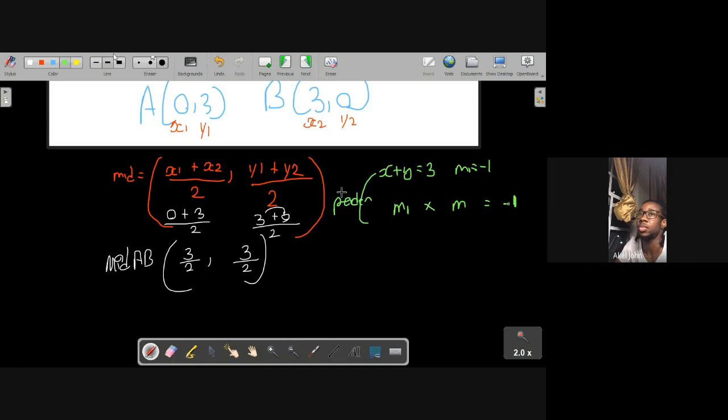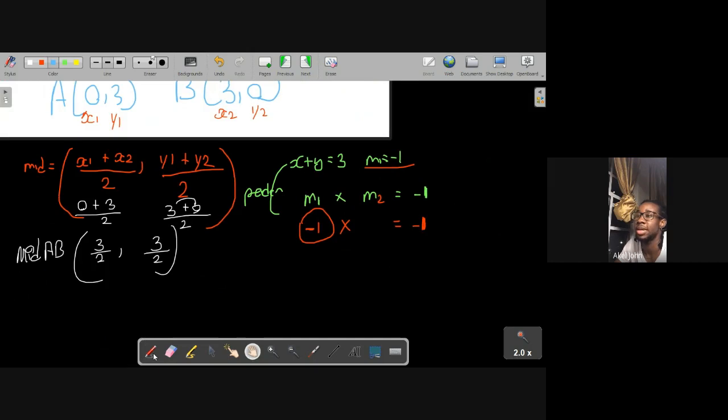Since we know the gradient m1 is -1, and whatever the next gradient is, multiplied on, it will give you back -1. Therefore, through the law of directed numbers, a negative and a positive would give back a negative. So the gradient m2 would need to be positive. That would be +1.